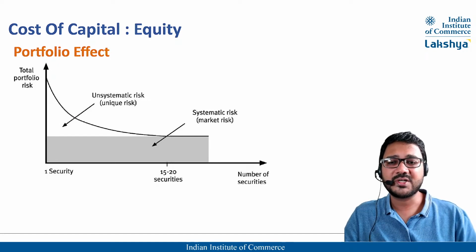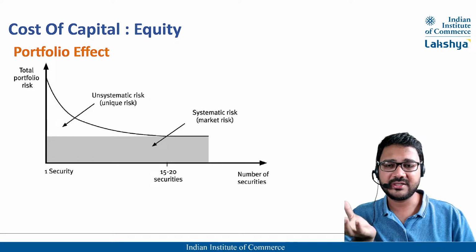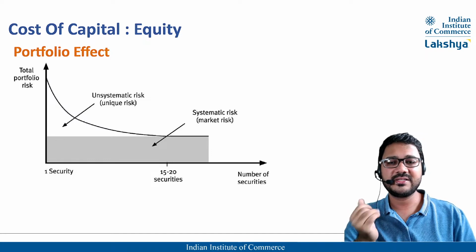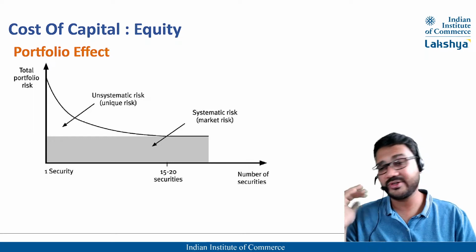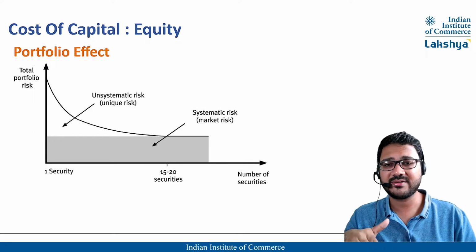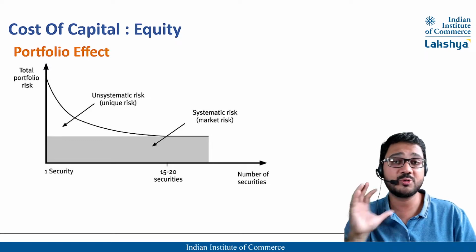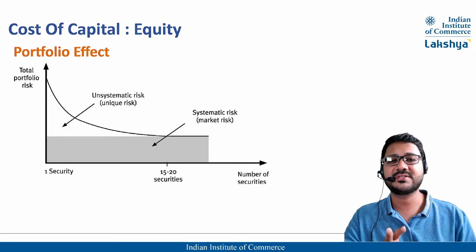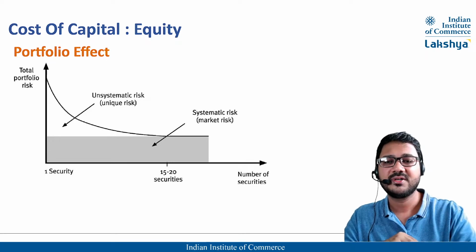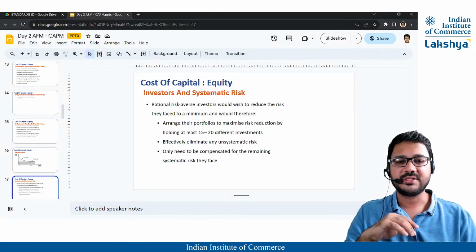After 20 stocks, whatever unsystematic risk had to be mitigated is fully mitigated. Anything beyond that, if you're holding, is just for your satisfaction. It's not really bringing down any unsystematic risk, as it has already come down to zero. So after a 20 stock portfolio, the only risk your portfolio is exposed to is the market risk, that is the systematic risk.